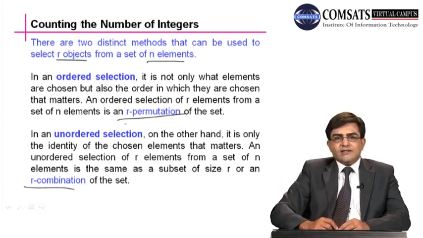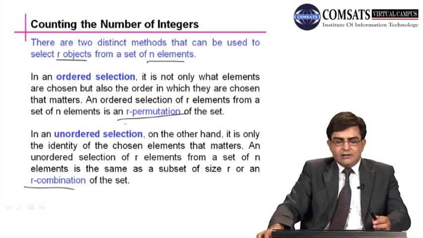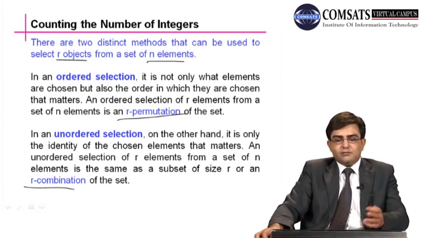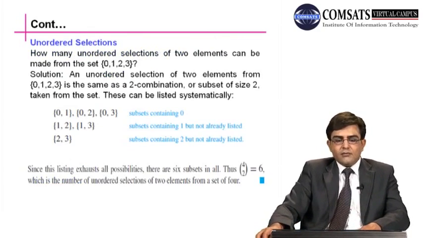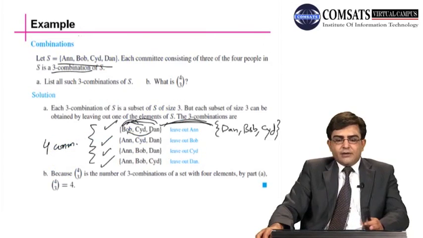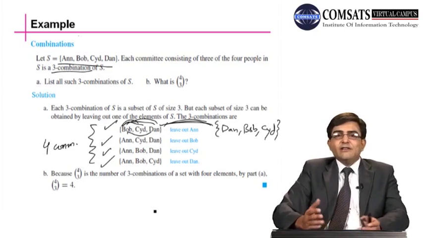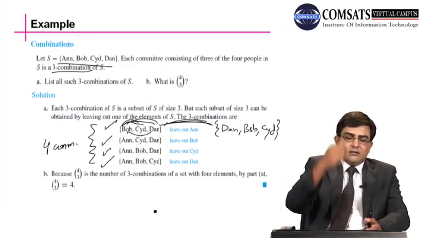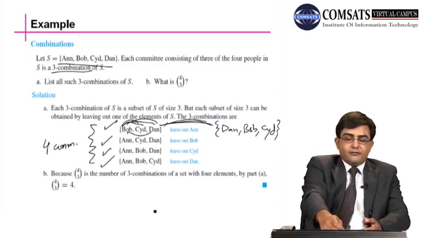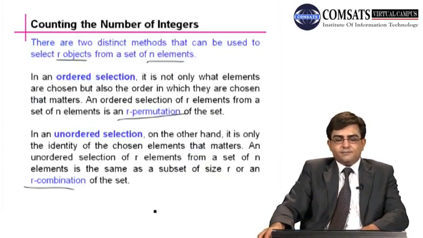Now we discuss this further to differentiate between these two selections. Here I have given you an example of the combination in which we select any 3 elements out of 4 elements in which the order is not necessary. Then we can form 4 such selections.